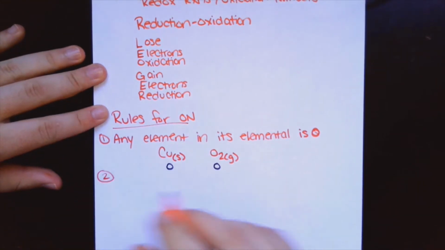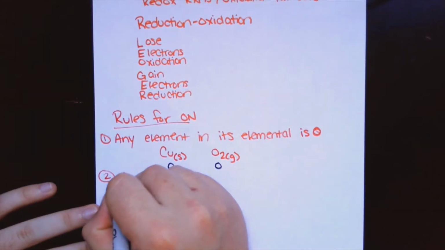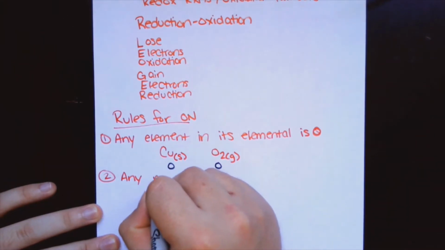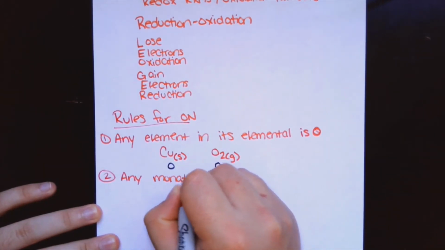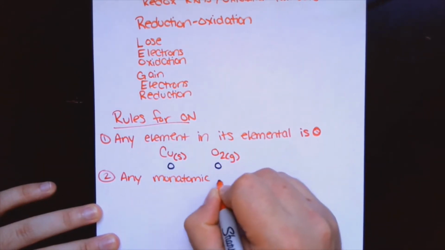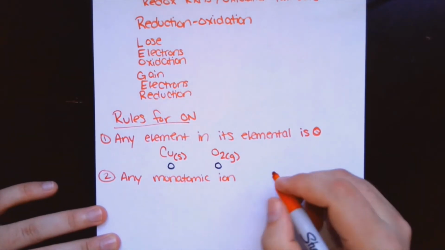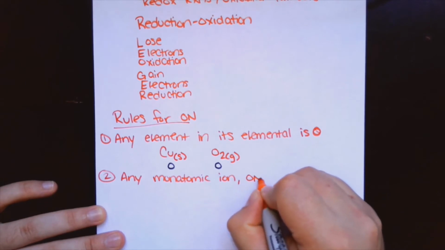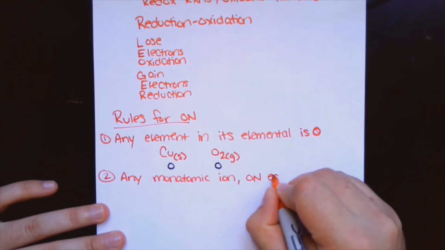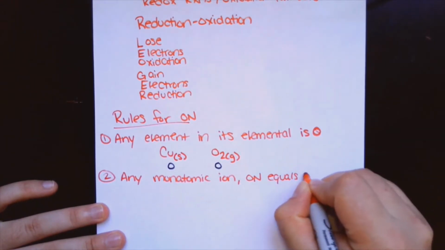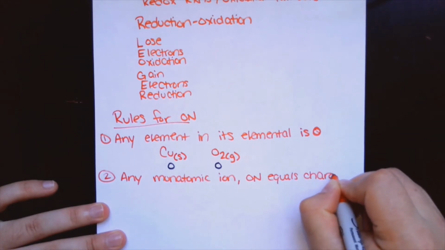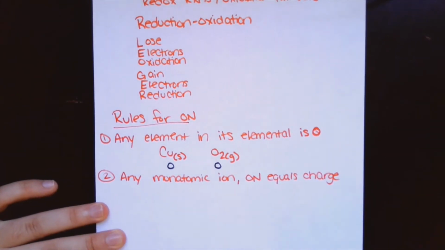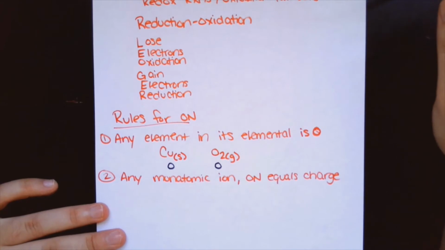The second rule says any monatomic ion, so that's an ion of just a single atom, has an oxidation number equal to its charge. For each of these, I'm only going to give one or two examples for the sake of brevity.